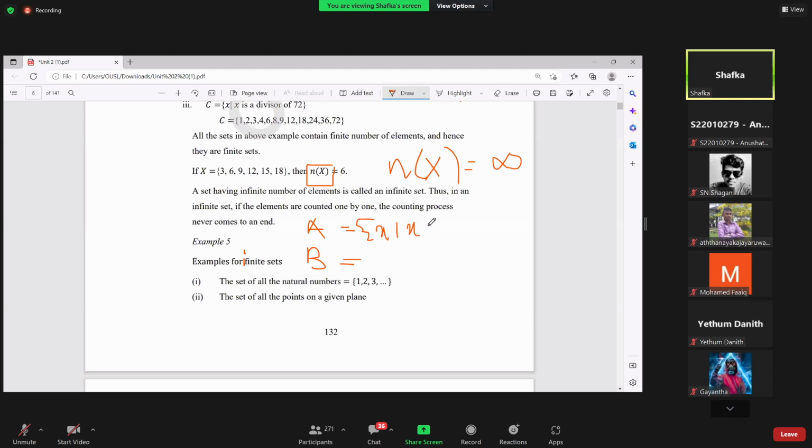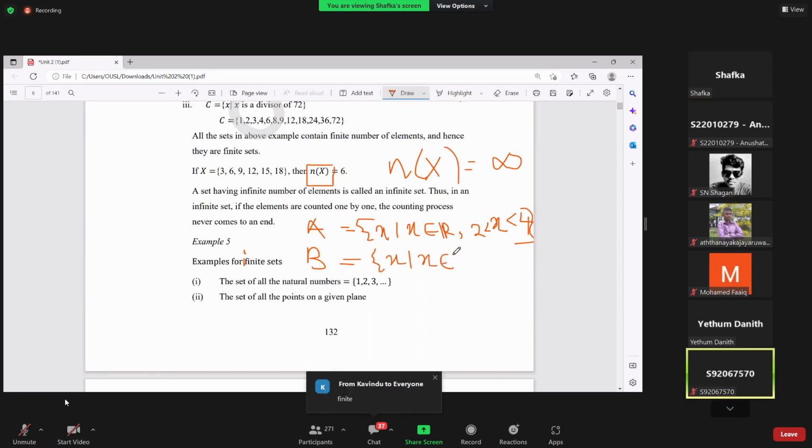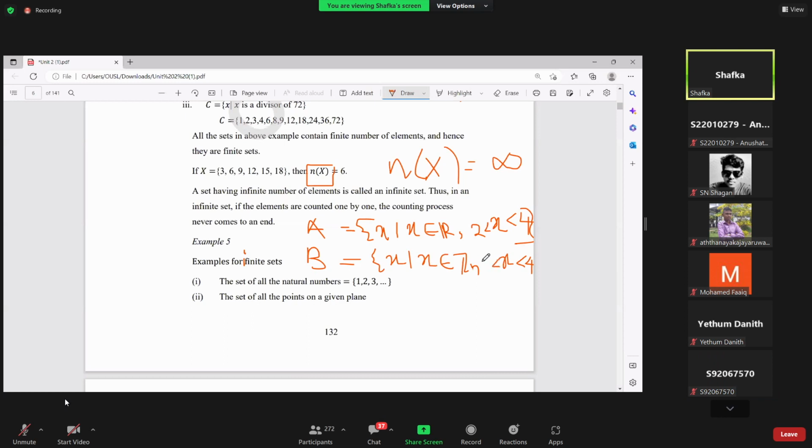Let's say X is a real number and X belongs to 4 and 2. Is it a finite set or infinite set? Finite. That's it. Is it a finite set? Yes.